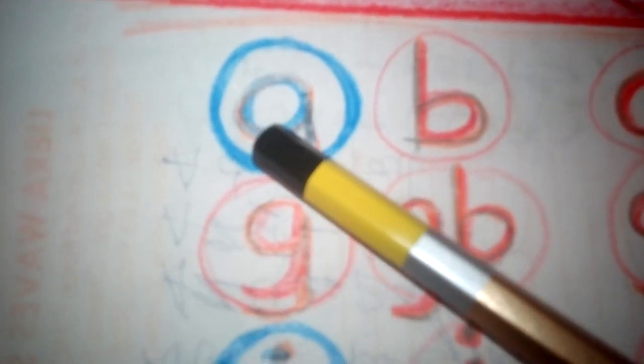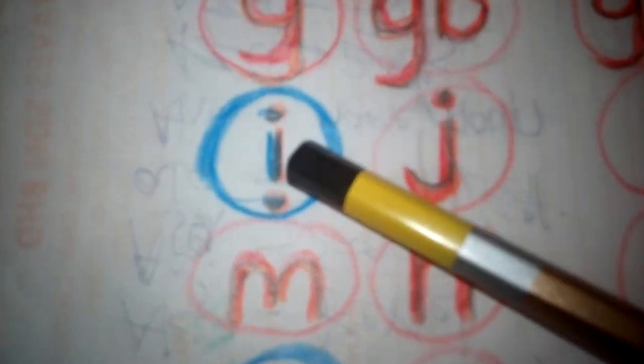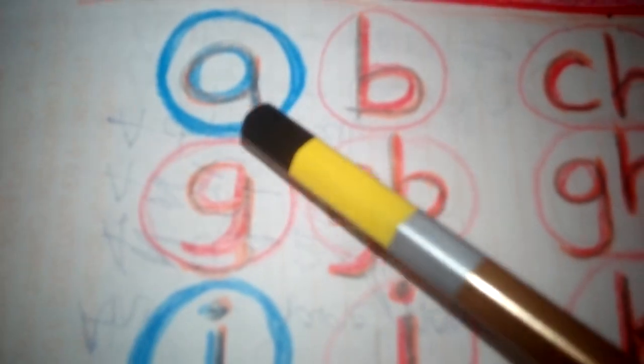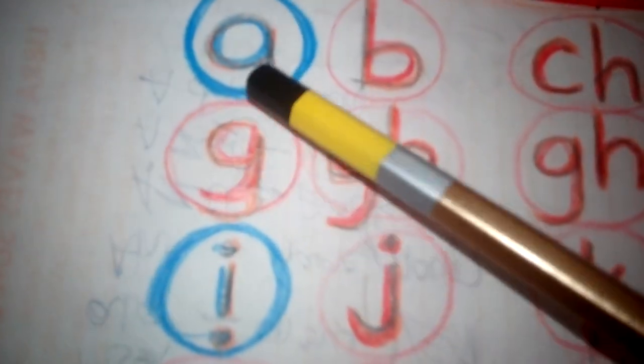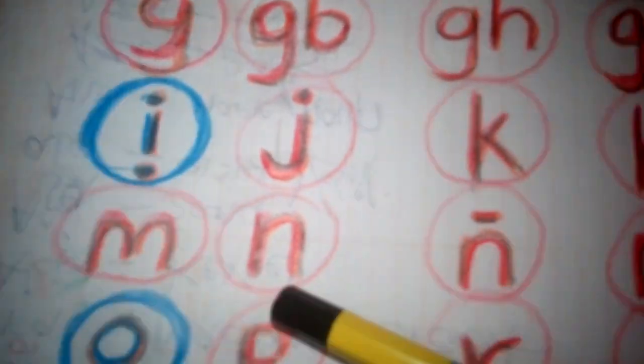Those four letters with dots underneath belong to Udaume Mfe, the light vowels.